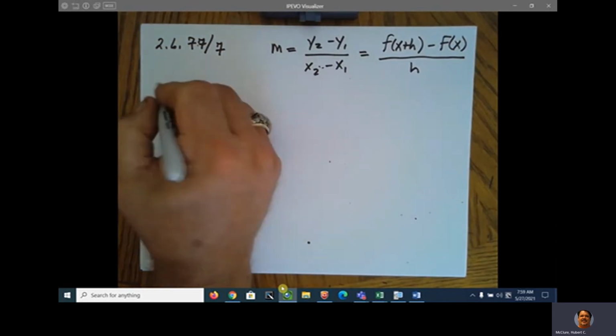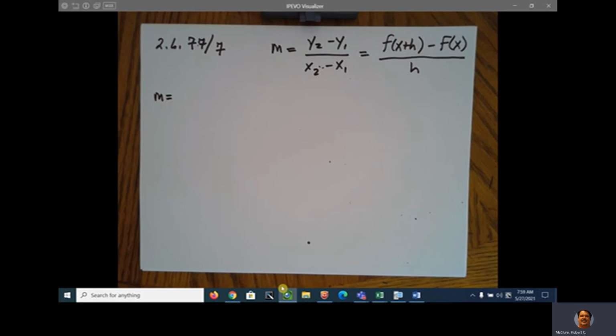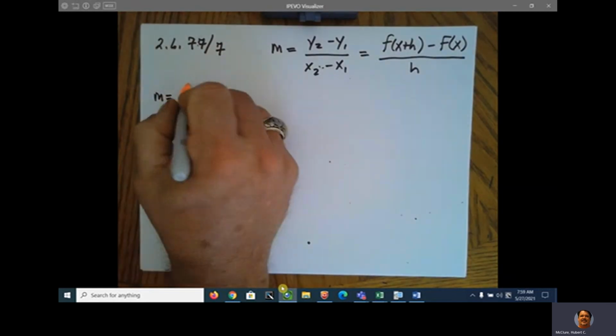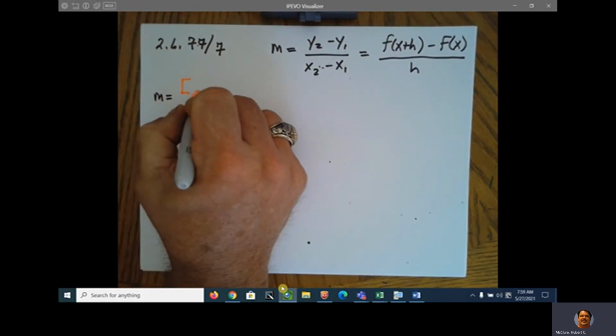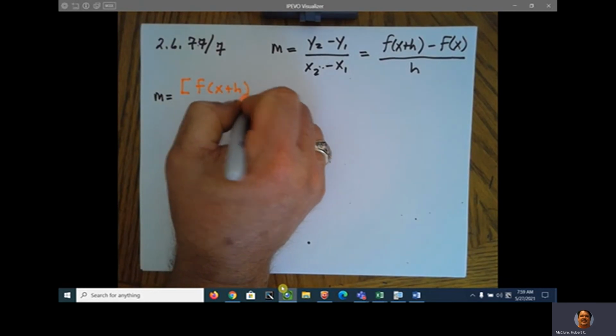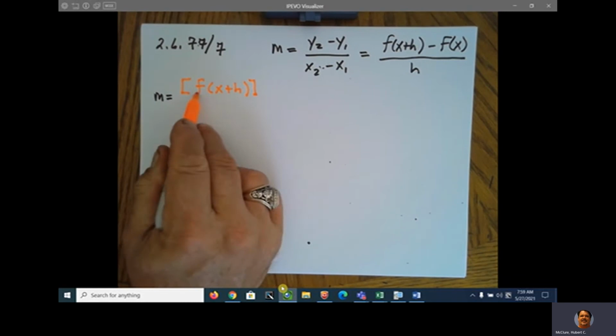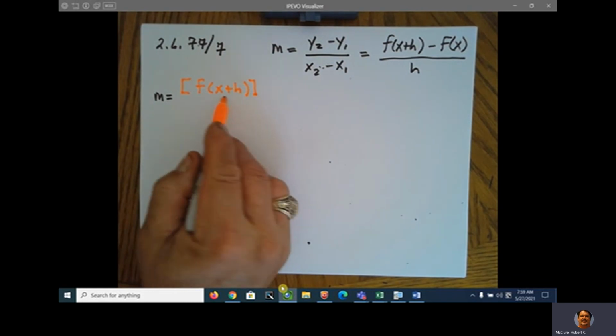But I like to write the difference quotient like this. I like to take the first one and color it orange, and put it in brackets, f of x plus h. In other words, I'm going to rewrite my f of x with a big set of parentheses because I've got to plug in that x plus h.